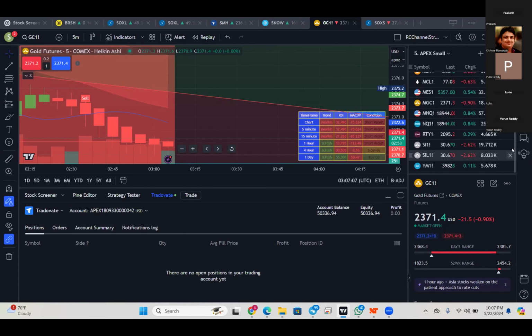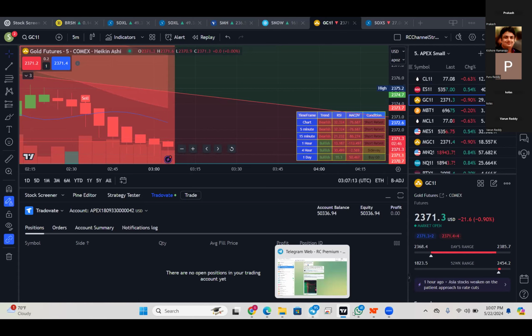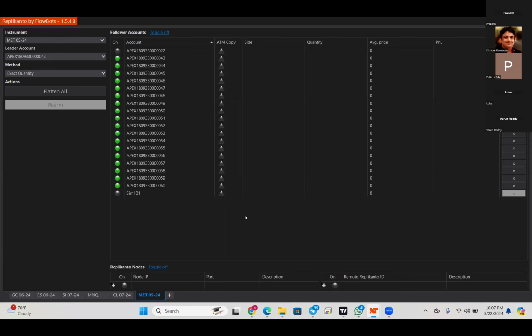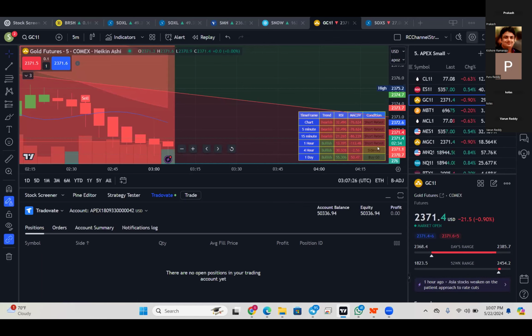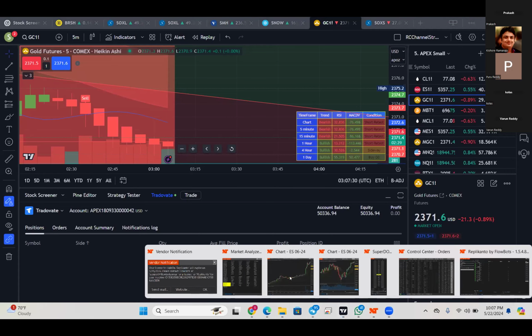Do you have the tab enabled there for MET? I think I have. Let me recheck. Yes, I have it. Let me import that also before you leave.